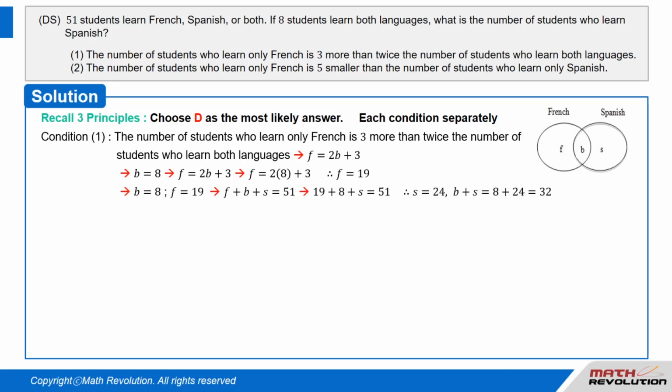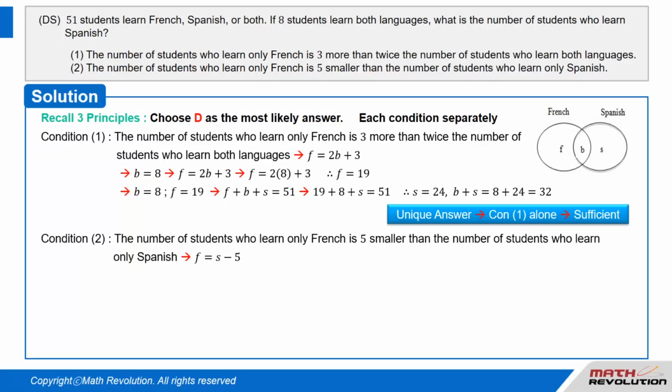We can now substitute B and F into the equation F plus B plus S equals 51 to get 19 plus S plus 8 equals 51, or S equals 24. Therefore, B plus S equals 8 plus 24 equals 32. Since it is a unique answer, this condition is sufficient.